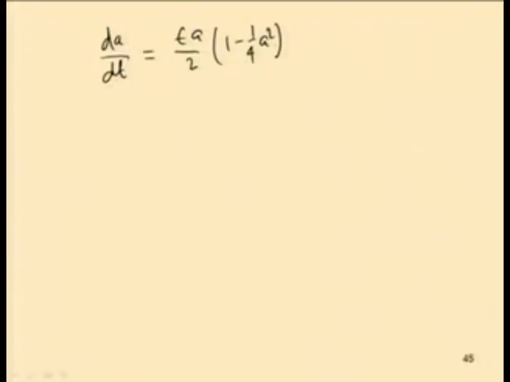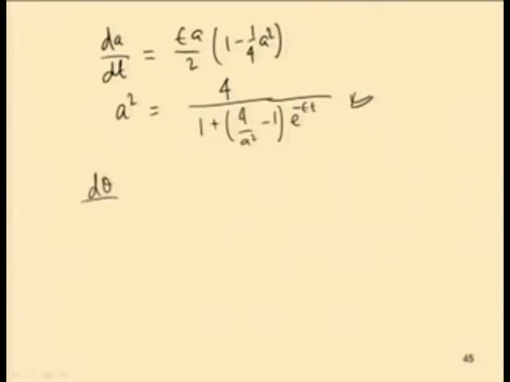Now we can integrate this. Taking a², we can find a² equal to 4 divided by (1 plus (4/a0² minus 1) e to the power minus εt). So this is the expression for a² we obtain.